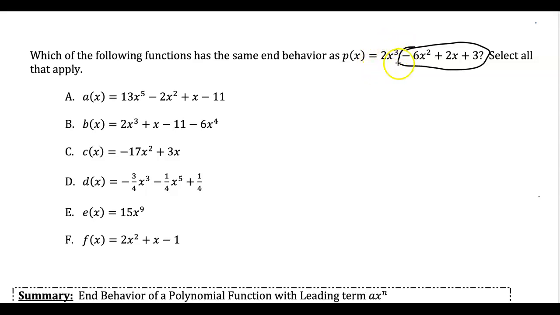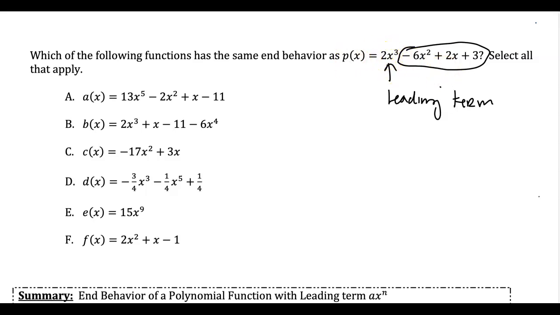And so this will be the dominating term, and this is the only thing that we really need to worry about when examining end behavior. So really what we're looking for is a positive coefficient and an odd power, and that polynomial will have the same behavior as this one.